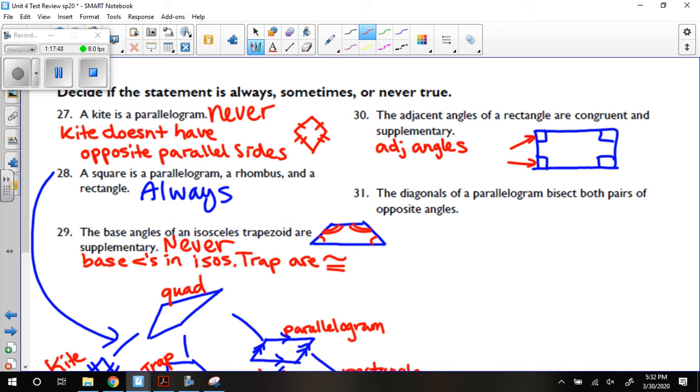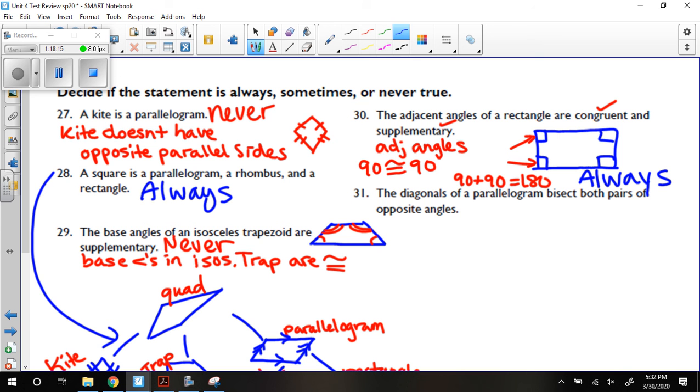Well, yes, if they're congruent, 90 is congruent to 90. So check mark to congruent. Now supplementary. If I do 90 plus 90, that does equal 180. So check mark to supplementary as well, which means this is going to be always true.